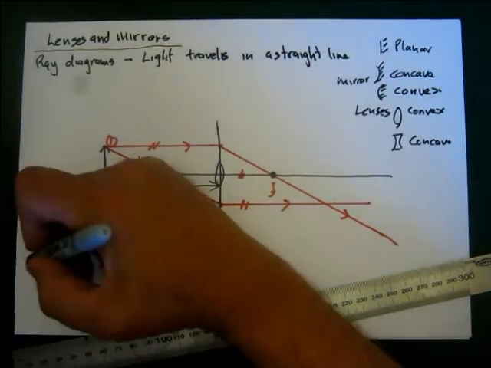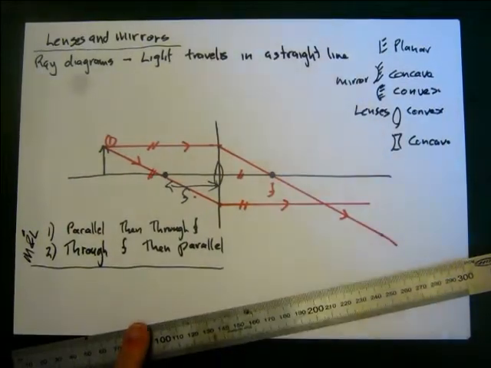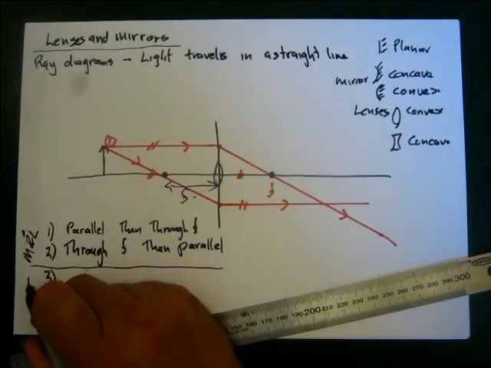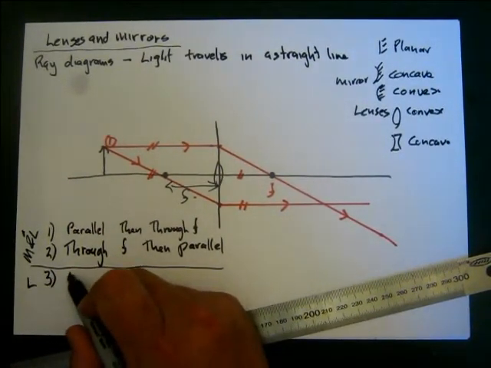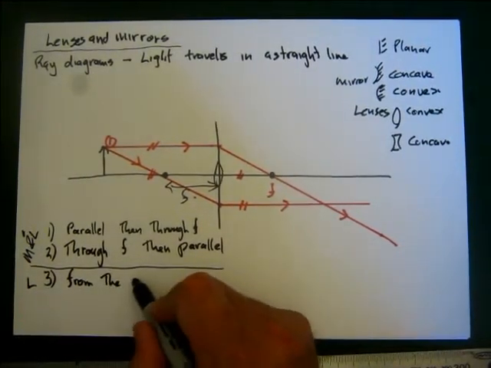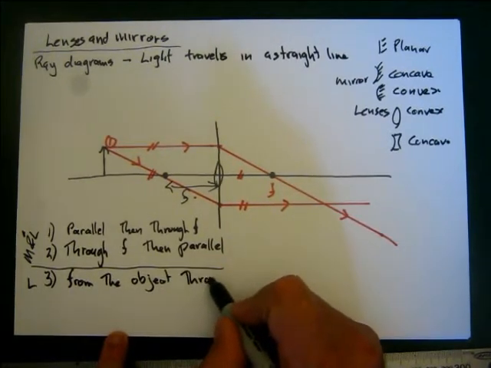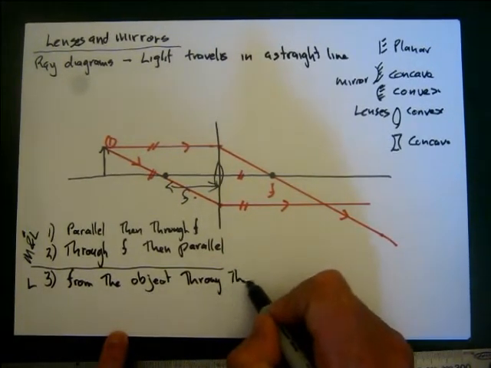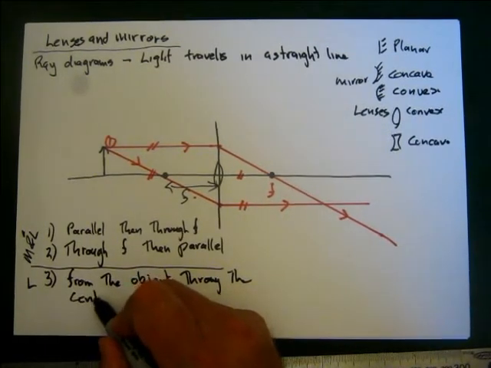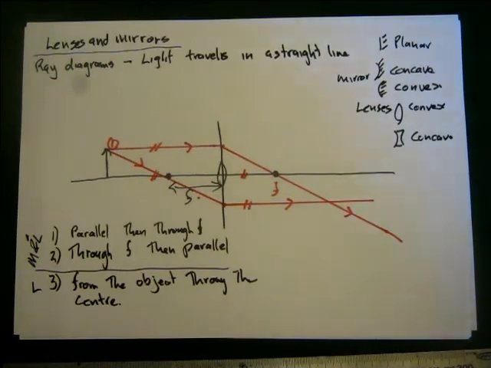This is good for mirrors and lenses, but if you're doing lenses, there's a third line that you can use: from the object through the centre. You can do something similar with mirrors, it just tends to be way too much effort.